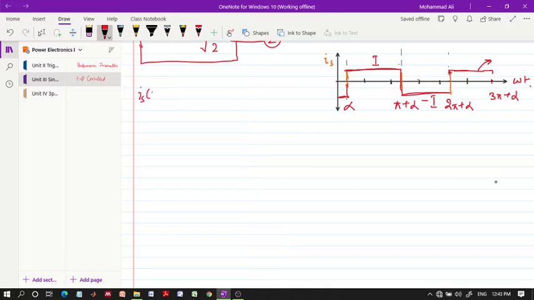I can write it like this: i is equal to a DC component plus the sum from n equal to 1 up to infinity of an cosine of n times omega t plus bn sin of n times omega t.